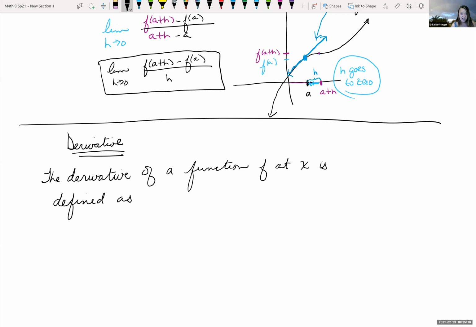So there's different notation to describe that you're talking about the derivative and not the function f.